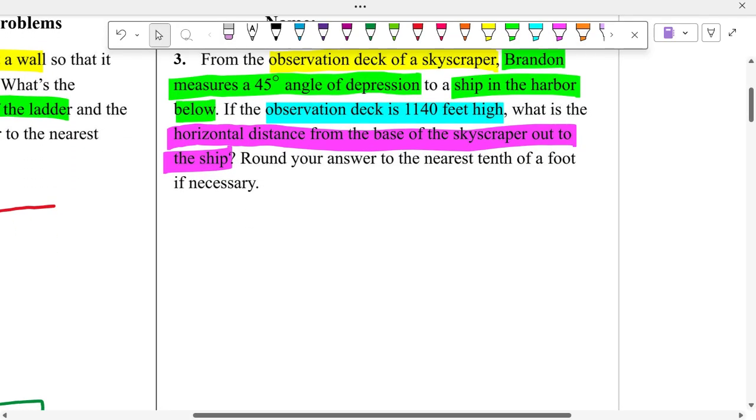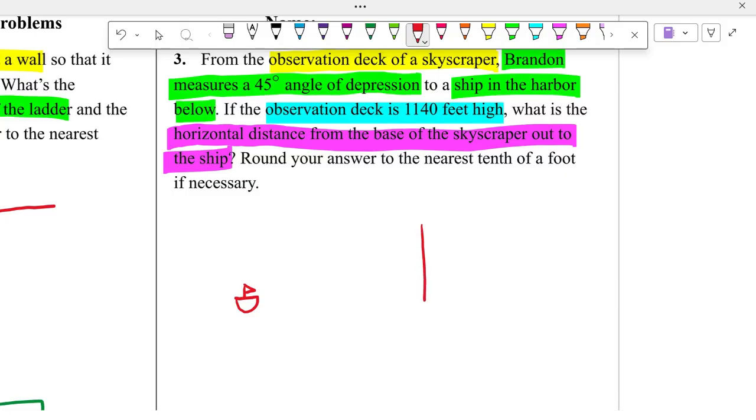So let's just draw the two things that we're talking about. So we got some ship out in the harbor, and we got ourselves a skyscraper. And Brandon is standing on some observation deck on said skyscraper. Now, here's my question.